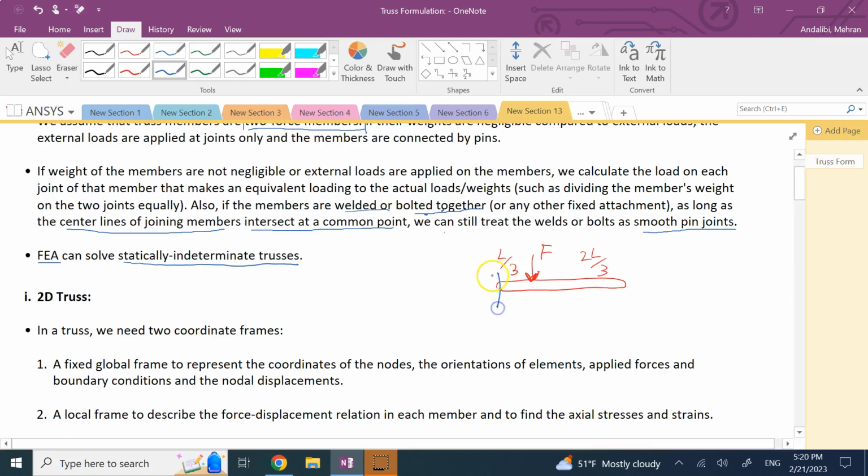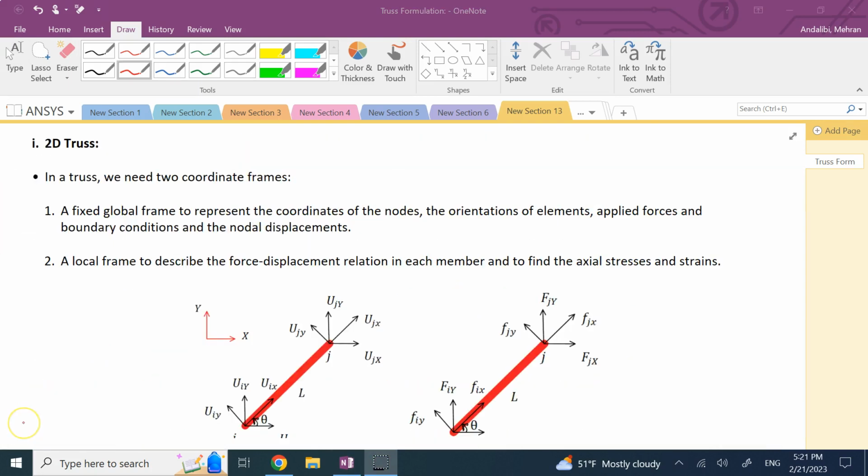So here, if you have one end cantilevered and the other end pivoted, right? So you have a total of 5 reactions, which makes this statically indeterminate. The FEA should be able to calculate those reactions for you. So first we're going to see 2D or planar trusses, and then we're going to see 3D or space trusses, okay?